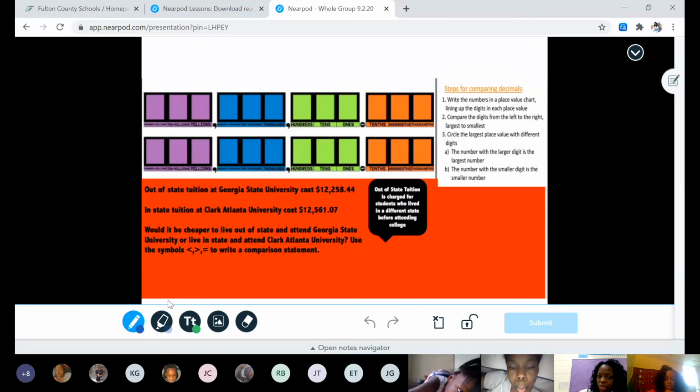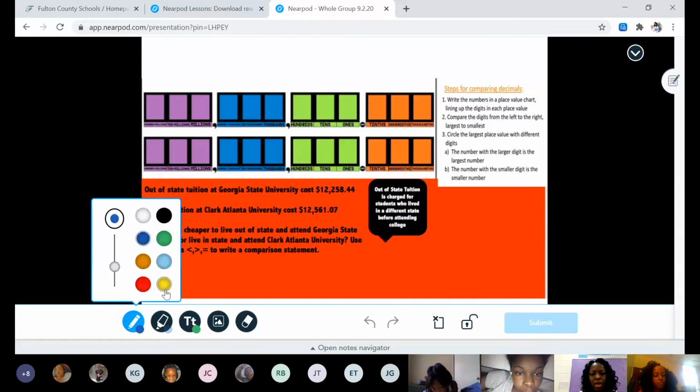So our first sentence says, out-of-state tuition at Georgia State University costs $12,258.44. And I read that as a dollar amount, but can somebody raise their hand and read it as you would read it with your tenths, hundredths, and thousandths? So without reading it as money, but just reading it as a normal number.